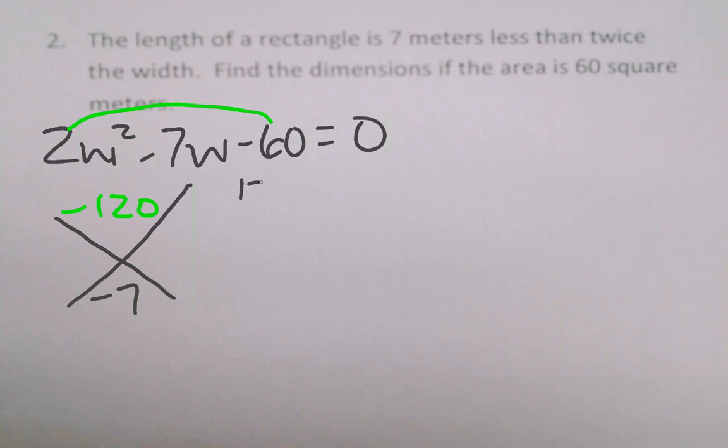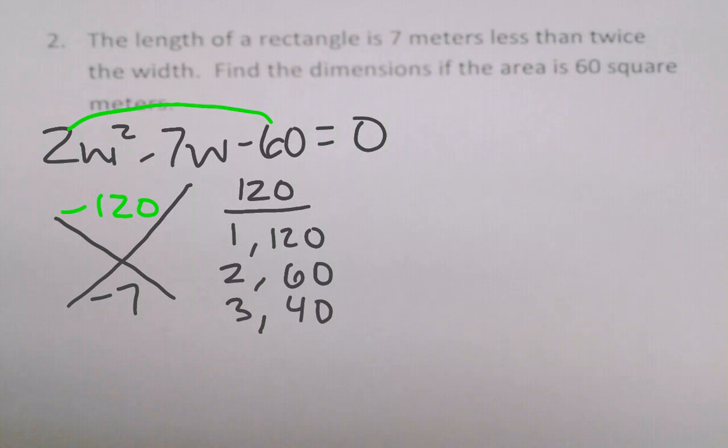So if all else fails, write your list of factors. 120. 2 times 60. We already said 3 and 40. We have 4 and 30. 5 definitely goes in. It goes into 12 twice with a remainder of 2 and goes into 120 24 times. So I got 5 and 24.